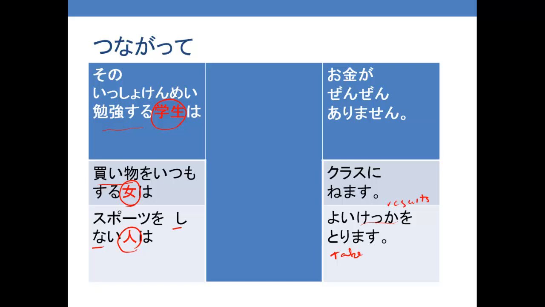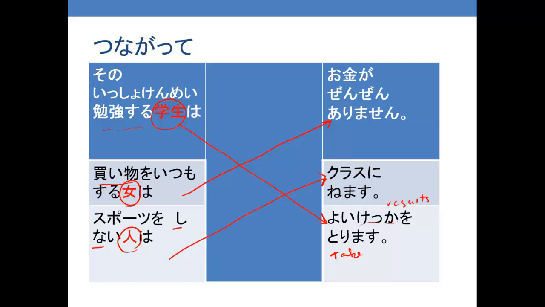So to match these up, you're thinking that the always studying student 良い結果を取ります, they receive or achieve good grades. The 買い物をいつもする女は, of course, she doesn't have any money because she blows it at the shops. お金が全然ありません. For the last one, スポーツをしない人, the person that doesn't do any sport, クラスに寝ます, they sleep.